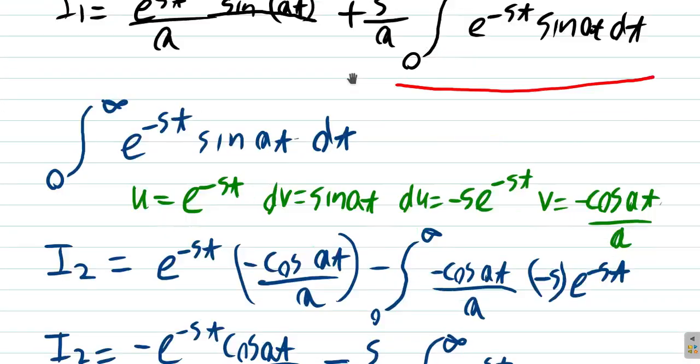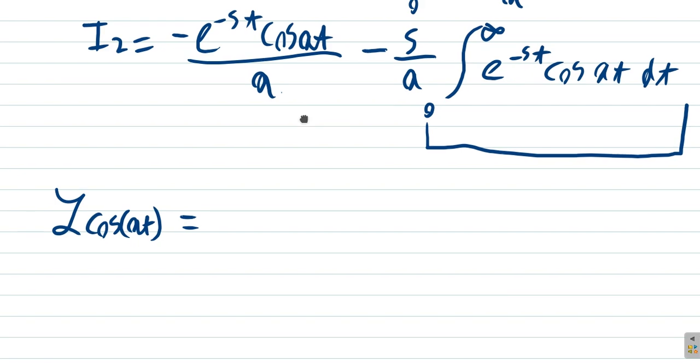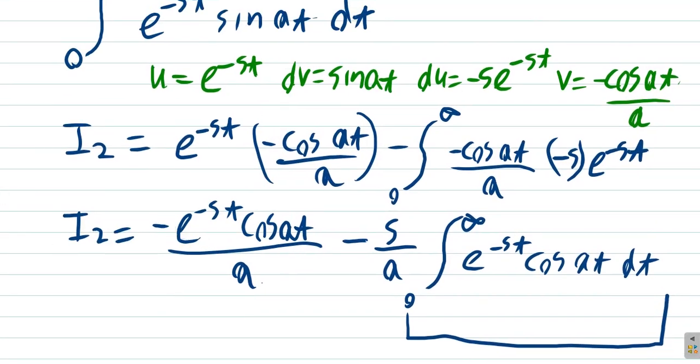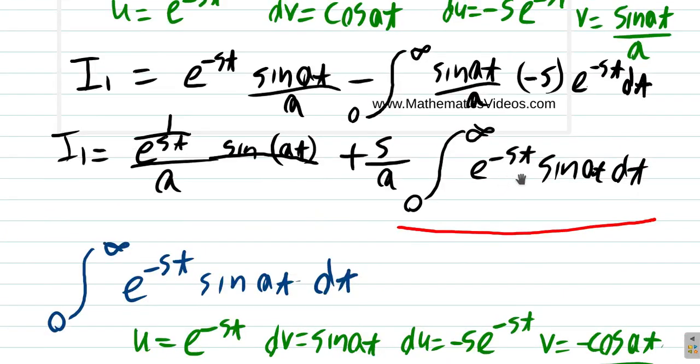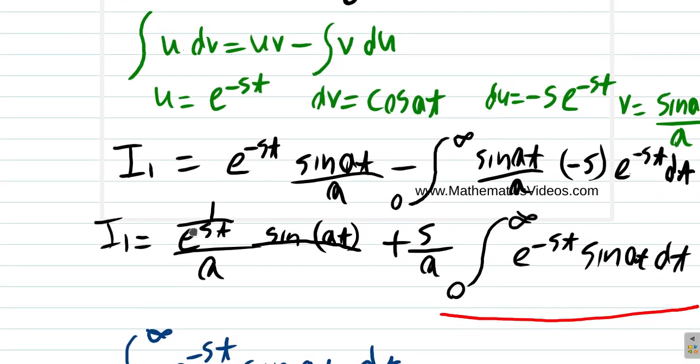Now, what we're trying to find is the Laplace transform of cos at. That is equal to what? Now you see all of this thing here is this. So let's put back this part there.